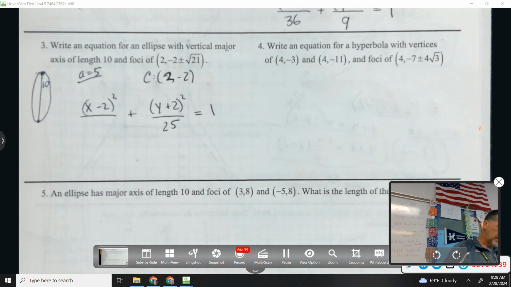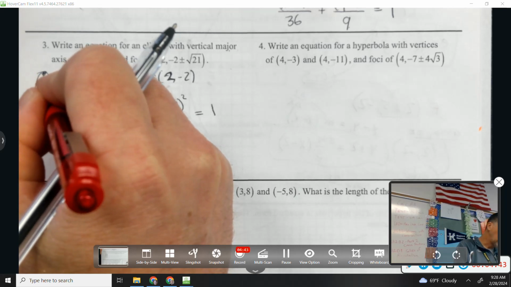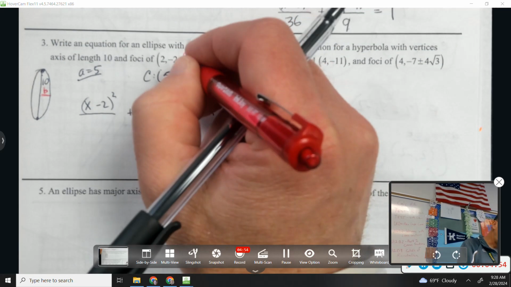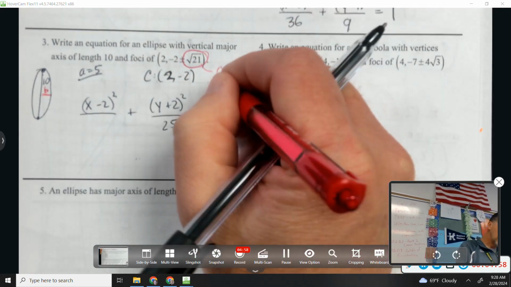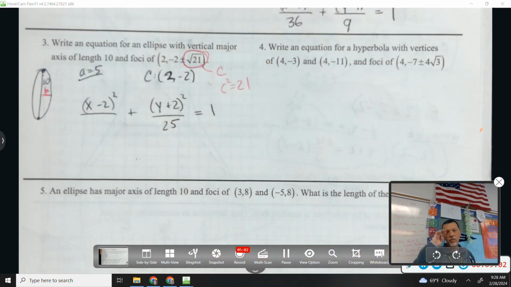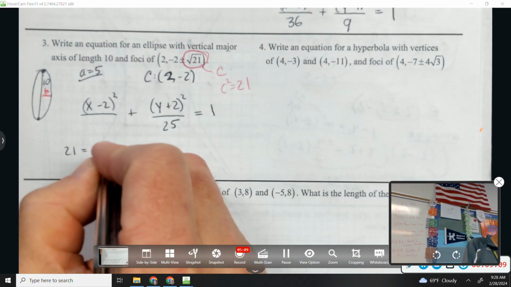Okay, next I need to know b, because b squared goes under x squared. I don't have b, but what is this? Well, careful, that's c. So c squared is 21, because distance from center to focus is c. So let's see, 21 equals a squared.